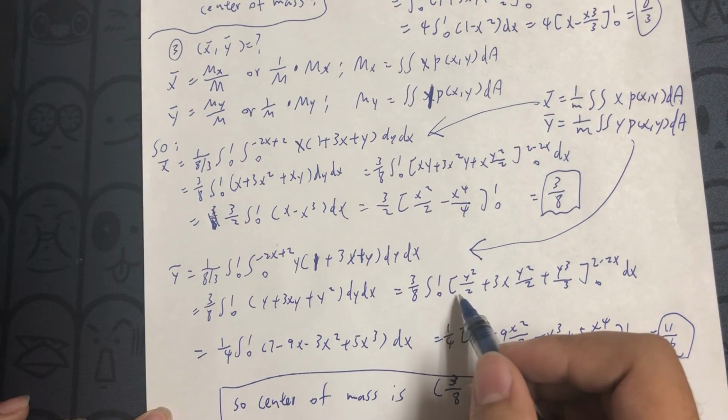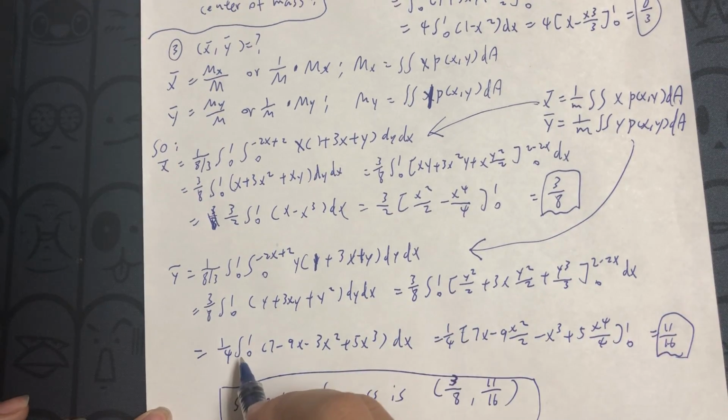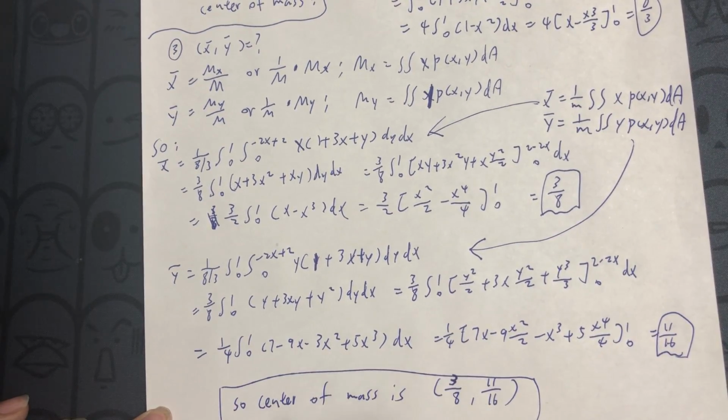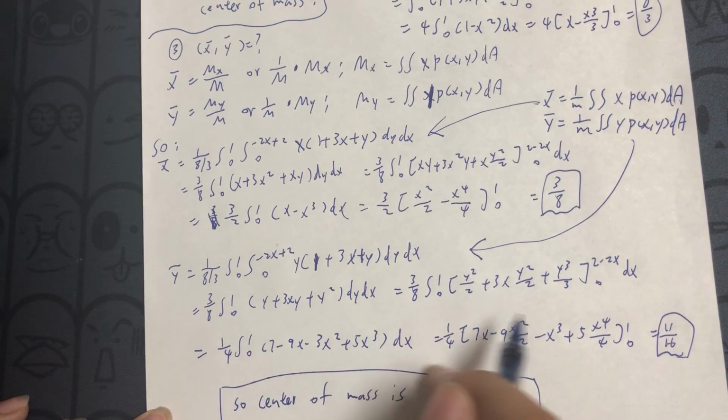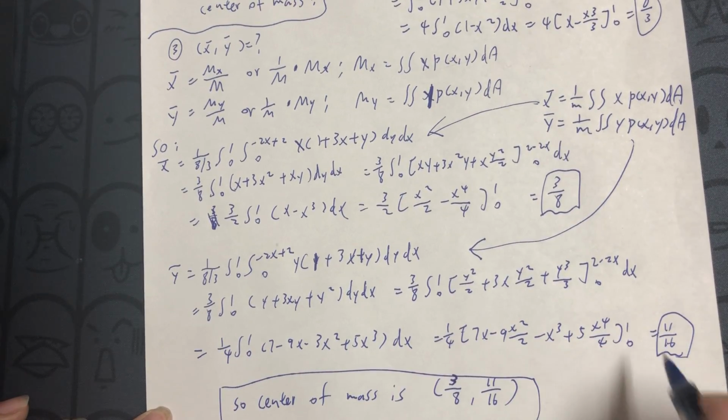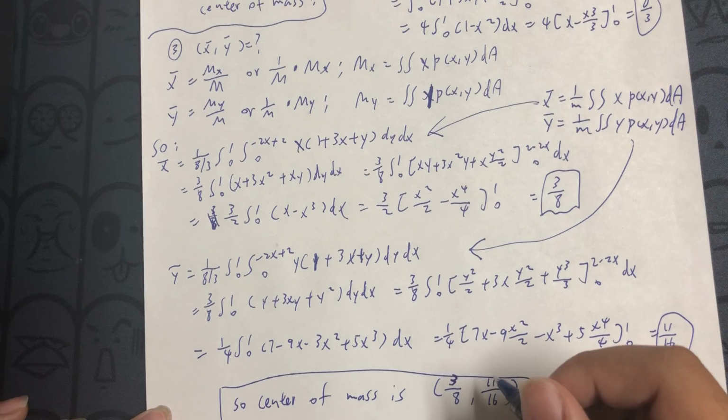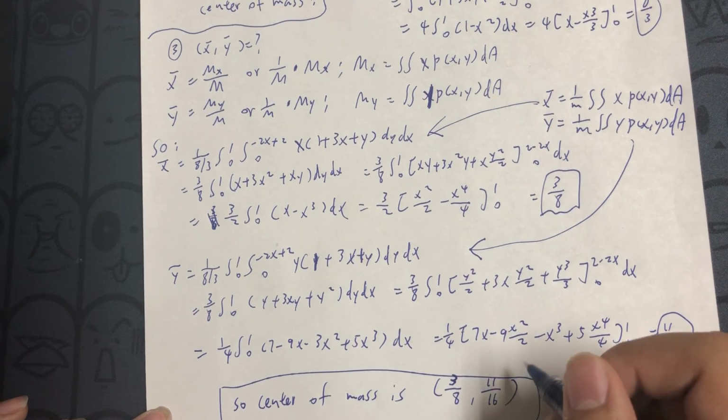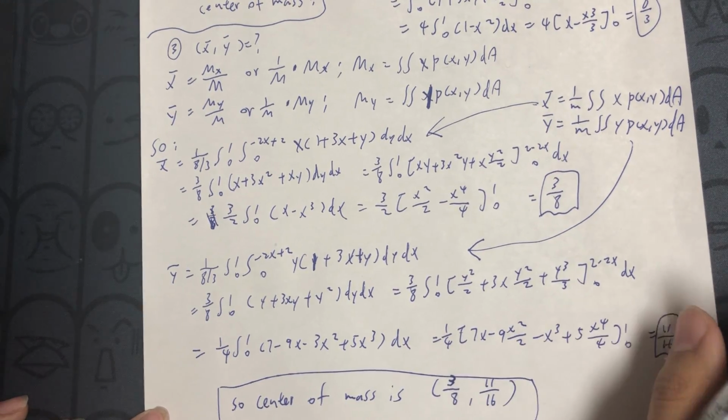This is the first part of the integral, and the second part is 1, 0, where you also do the integral, plug in 1 and minus the value at 0, and then you get 11 over 16. So you just put it together: the center of mass is 3 over 8, 11 over 16.